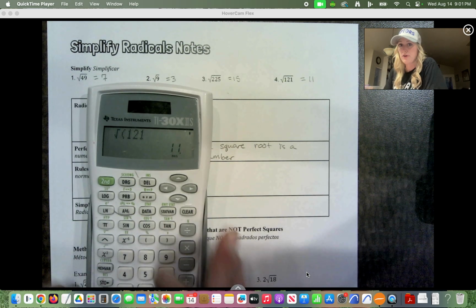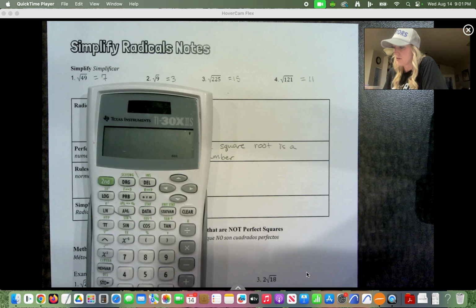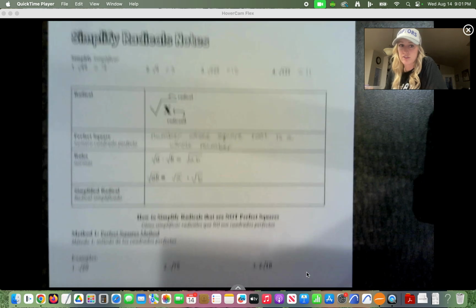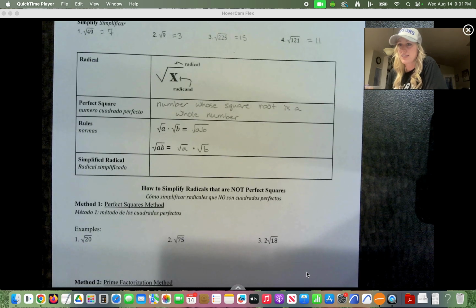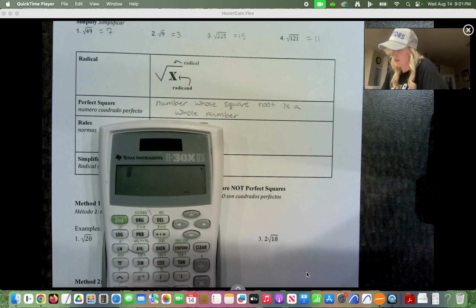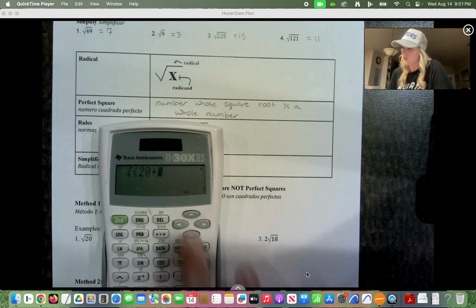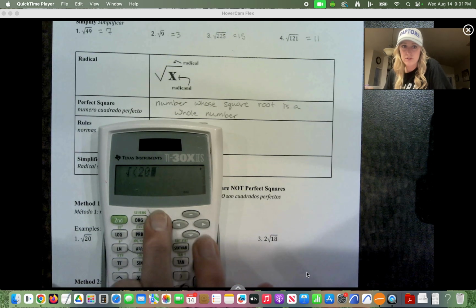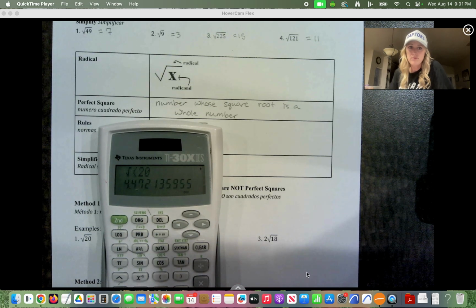But for example, let's do this first example, square root of 20. So if I typed in square root of 20 on my calculator, I get, oh, sorry, I don't want that plus sign in there. Okay, I get this decimal that goes on forever without a pattern.